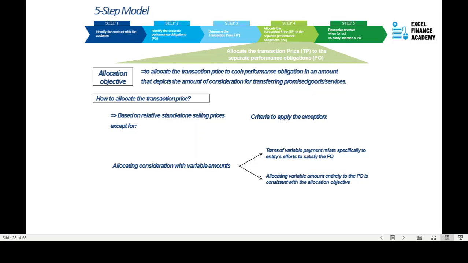So the variable amounts also will be allocated based on the performance obligations: where the additional cost lies, that additional variable amount will be allocated to that particular performance obligation or product. So that is one way of allocation.